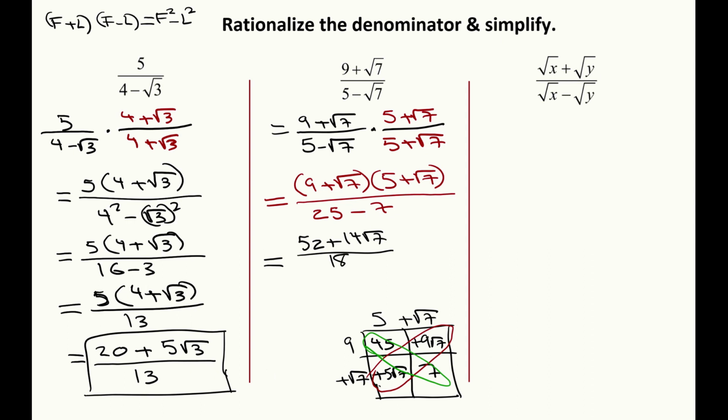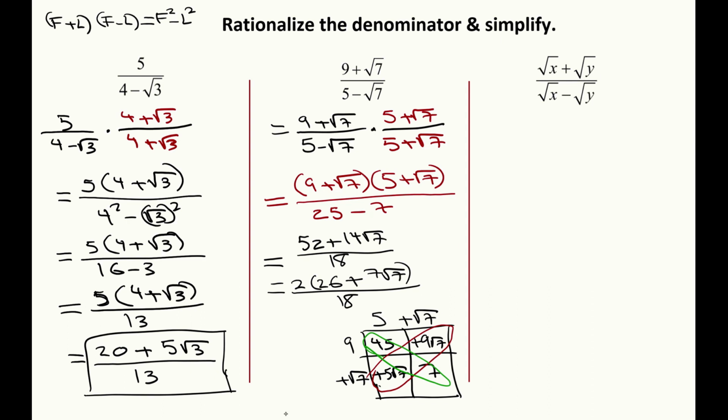Now we don't want to leave it like that, because I notice that here we have a common factor of 2 that can be factored out, so we'll do that. That leaves us 26 plus 7 radical 7 over 18.